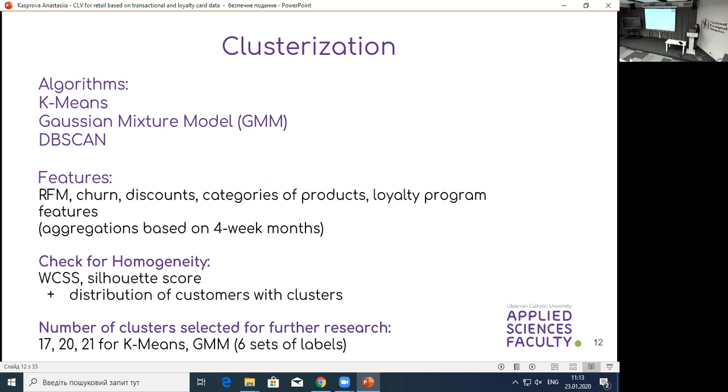The features which I used to build the data set were recency, frequency, monetary value, churn binary value, kind of discounts, how many were applied and what amount of money was saved for a particular customer, the proportion of money spent on the main 15 categories of products, and some loyalty program features, something like how many cards the customer has and how many days have passed since the card was issued.